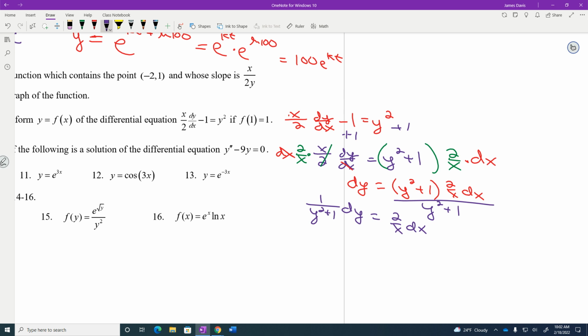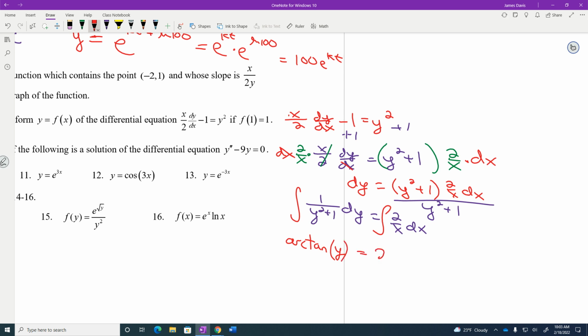Okay, so then from there, we integrate. And this is an inverse tan, which we can see by looking at it. You've got something squared plus something squared in the denominator. So this is the inverse tan. dy over 1 is just y.